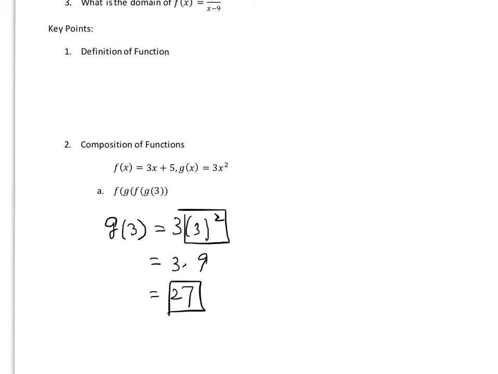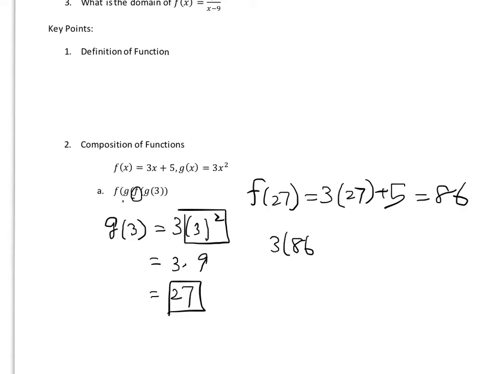That 27 goes into the f machine right there. So we have f of 27 equals 3 times 27, which is 81, plus 5, which is 86. So the 86 goes to the g machine, and 86 squared multiplied by 3, whatever that is, goes into the f machine.